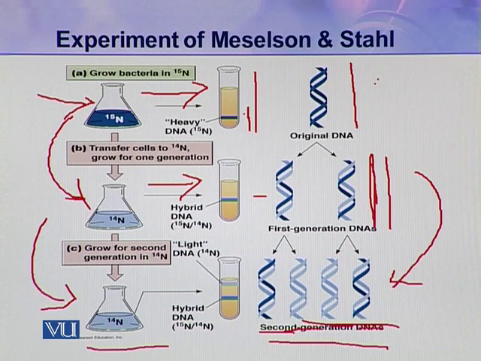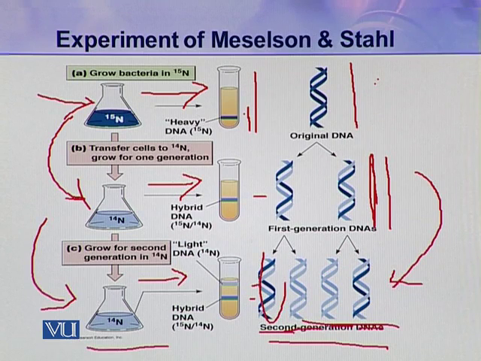When they centrifuged the DNA, they found two bands: one of lighter DNA, which contained N14, and the other of hybrid DNA, which contained N15 and N14.